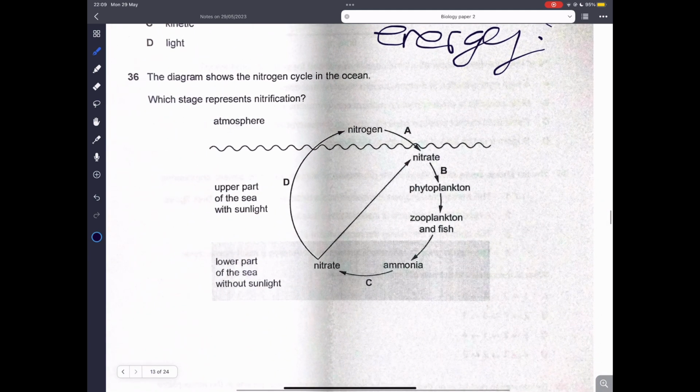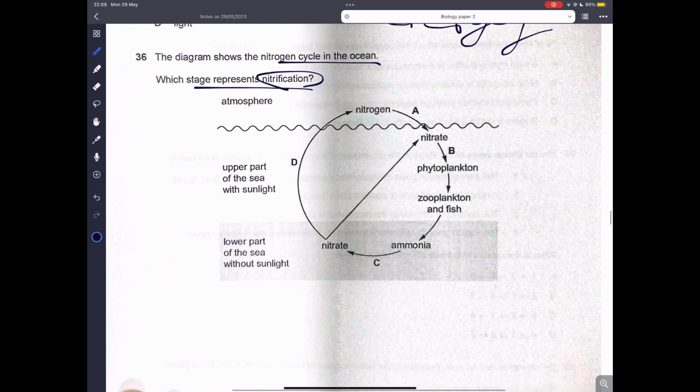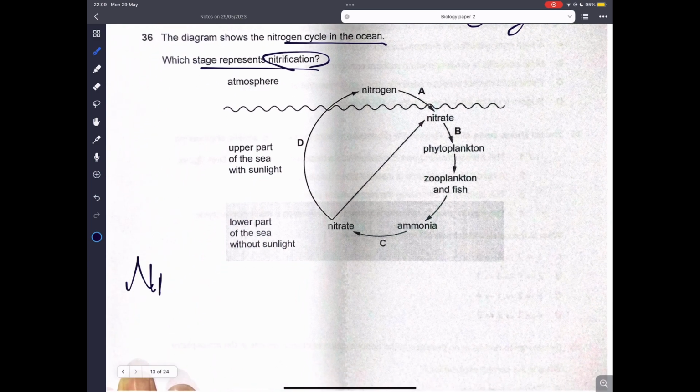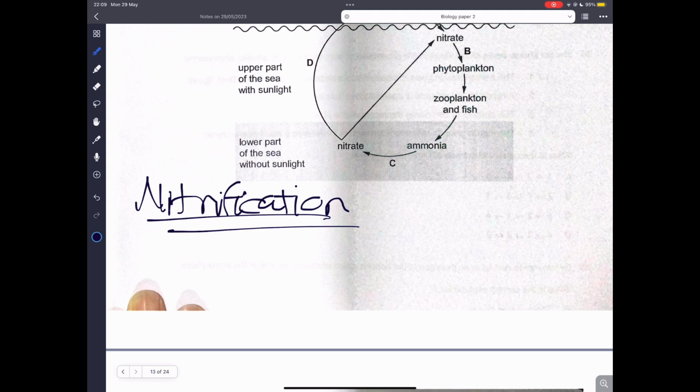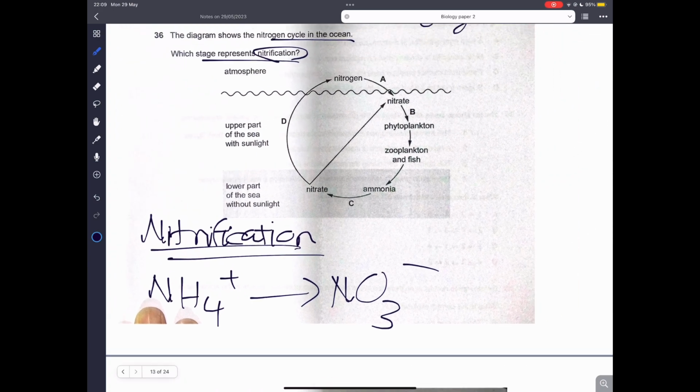36. The diagram shows the nitrogen cycle in the ocean. Which stage represents nitrification? Well, nitrification is a process in which the ammonium ion will turn into a nitrate ion. In this case, ammonia into nitrate. NH4+ will turn into NO3-. This is nitrification.